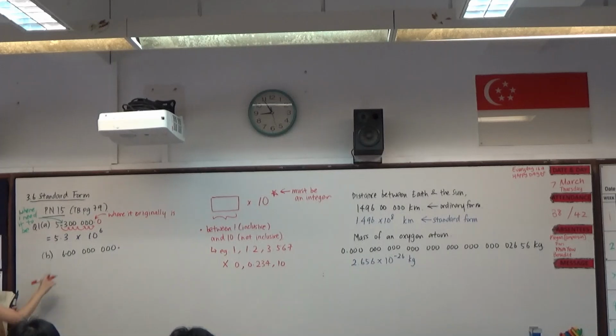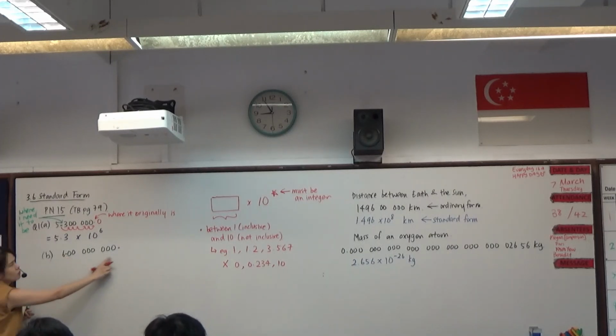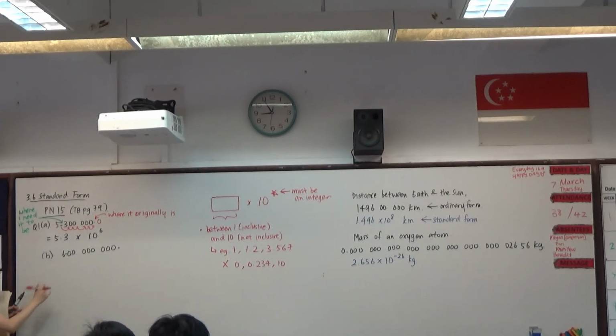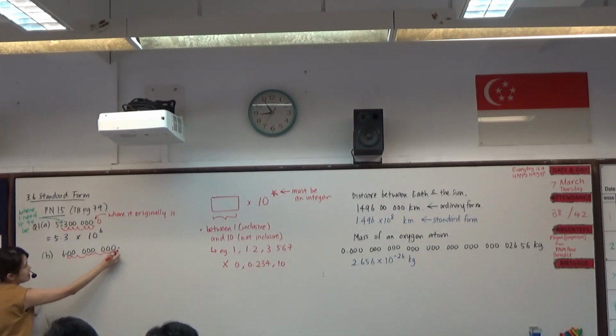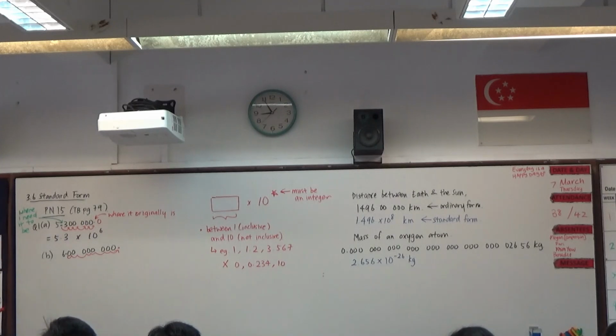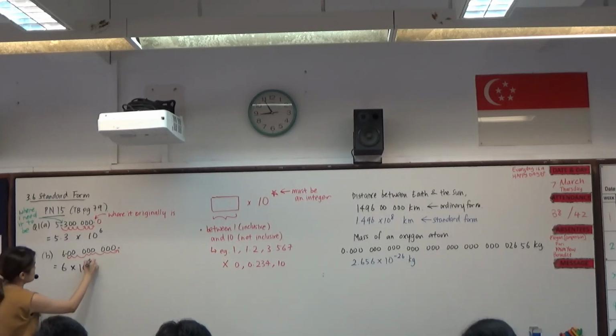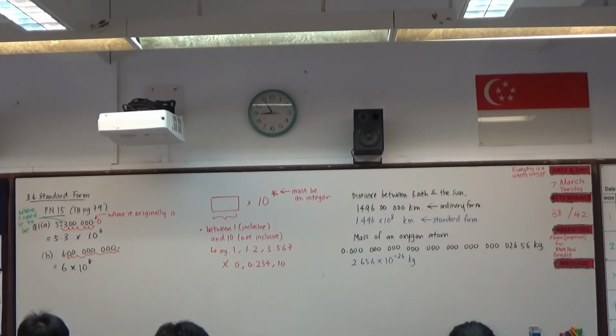From where I need it to be to where it originally is, I need to move 1, 2, 3, 4, 5, 6, 7, 8 places to the right. And therefore, I will have 6 times 10 to the power of 8. I need not put 6.0, you can just put 6.